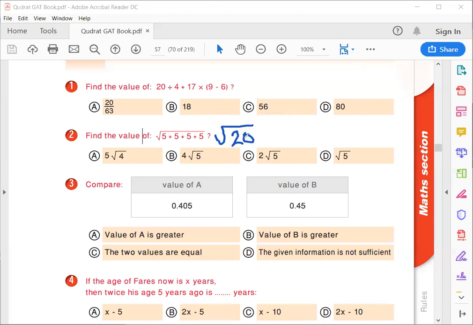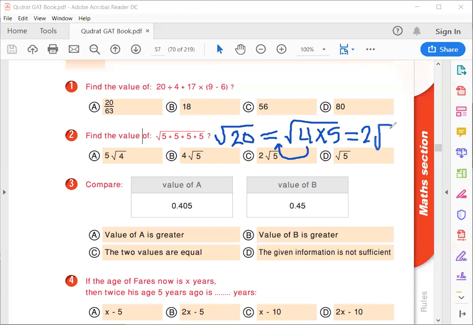How do I simplify this value? You only give two numbers, where one number is a square. It is 4 times 5. So 4, you can put it out of the square root because it is a square. How much is the square root of 4? It is 2.